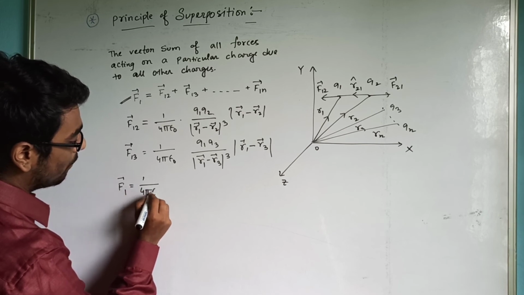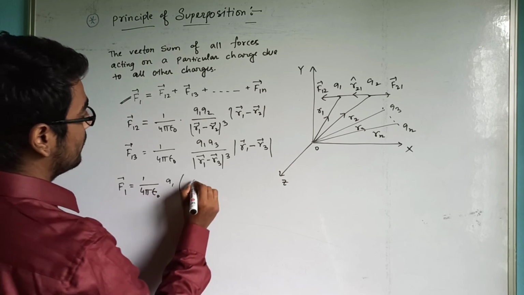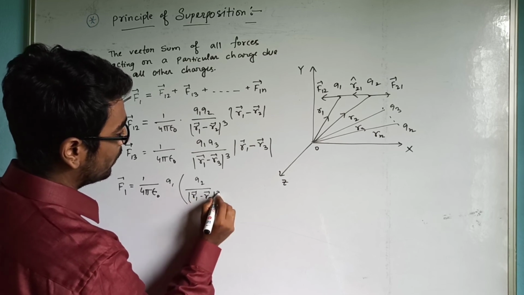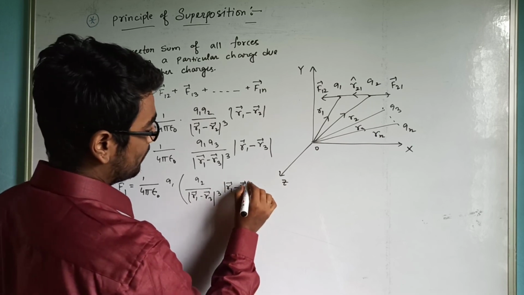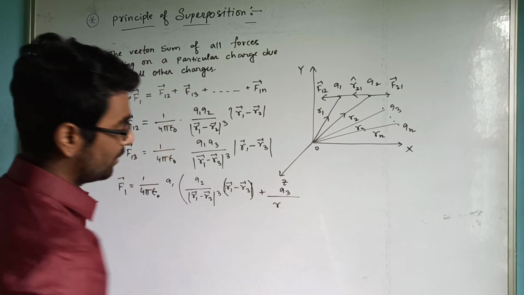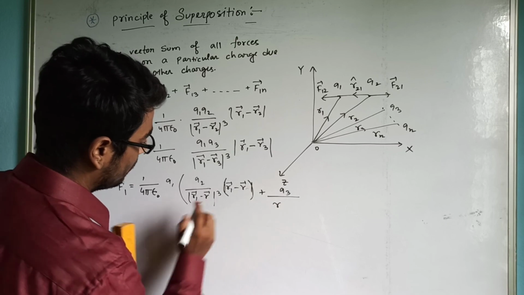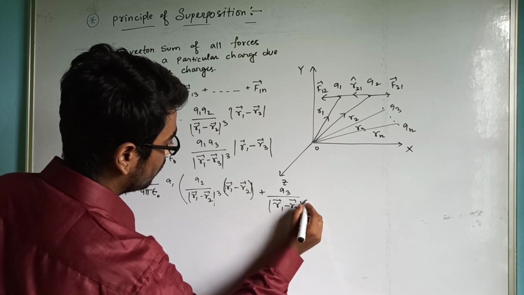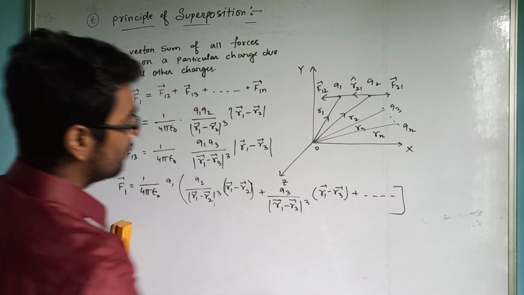Taking common 1 by 4 pi epsilon naught and Q1, what remains is Q2 by the magnitude of R1 vector minus R2 vector whole cube multiplied by R1 vector minus R2 vector, in brackets, plus Q3 divided by the magnitude of R1 minus R3 whole cube, multiplied by R1 minus R3, plus so on.